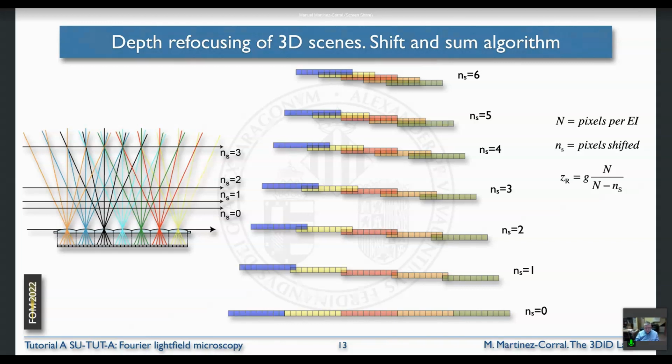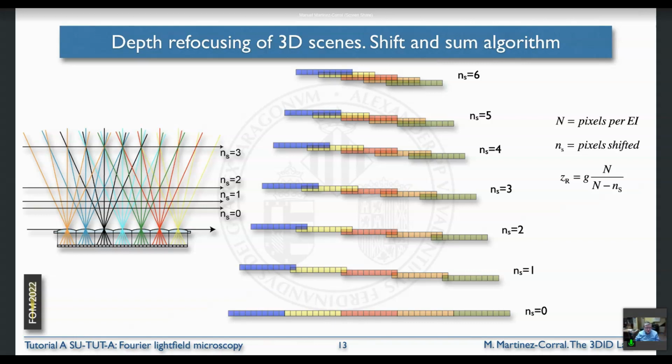For example, in this situation, ns is the number of pixels shifted. This situation corresponds to reconstruction in this plane. So we simply have all the elemental images placed one next to the other. And now I collapse: I shift all the elemental images toward the center by 1 pixel.